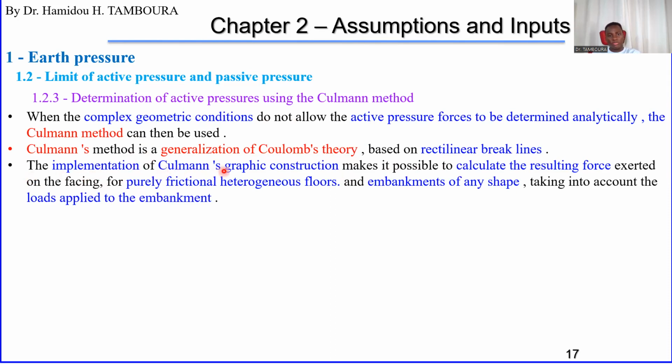This implementation of the Coulomb graphic construction makes it possible to calculate the resulting force acting on the facing of the wall when you have non-homogeneous, non-uniform ground.